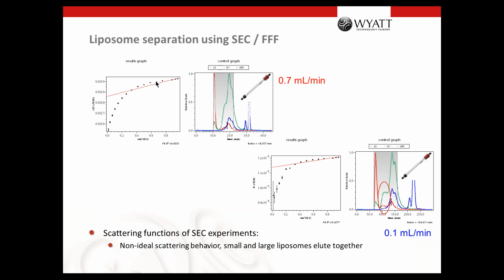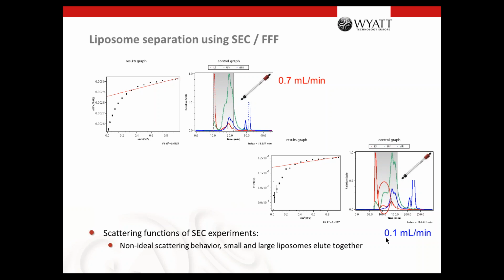You cannot fit it because it's not just one single particle that elutes, but different species. Very big aggregates elute together with the small particles, which normally should elute there due to the normal SEC mechanism. This co-elution is the reason why you cannot fit it with light scattering. So the results you get for the molar mass and also for the radius are quite wrong.